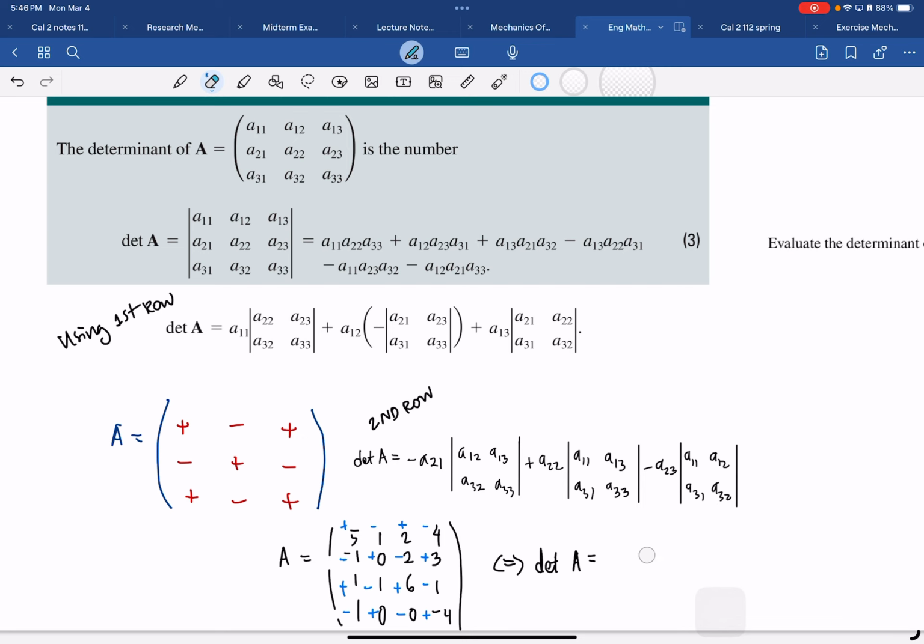Or let me just write negative 1 multiplied with the determinant of 1, 2, 4, 0, 2, 3, 1, 6, 1, right? And then the next one is 0, we can ignore, and then we plus the negative 4. So plus negative 4, so negative 4.